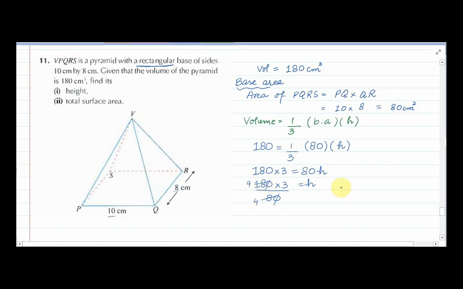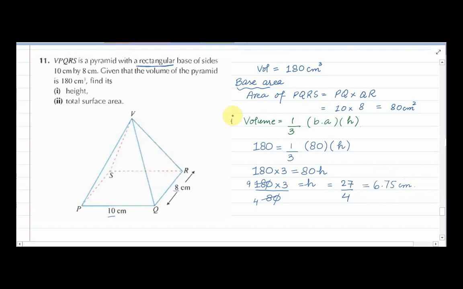So that is equal to 9 3s are 27 divided by 4. Now 27 divided by 4 is 6.75, and the unit is centimeter as given in the question.